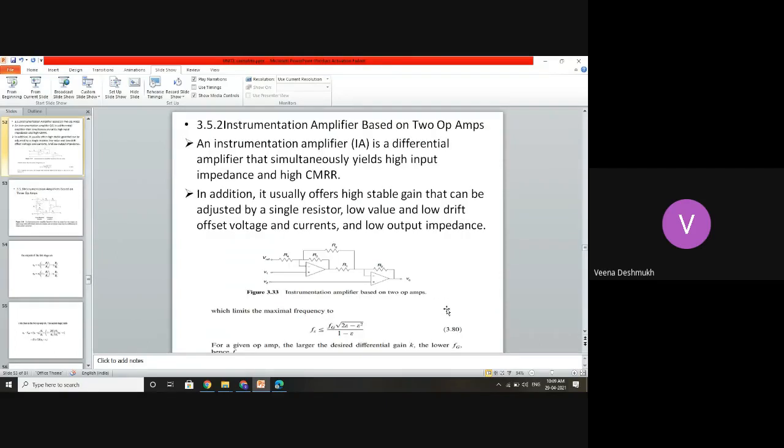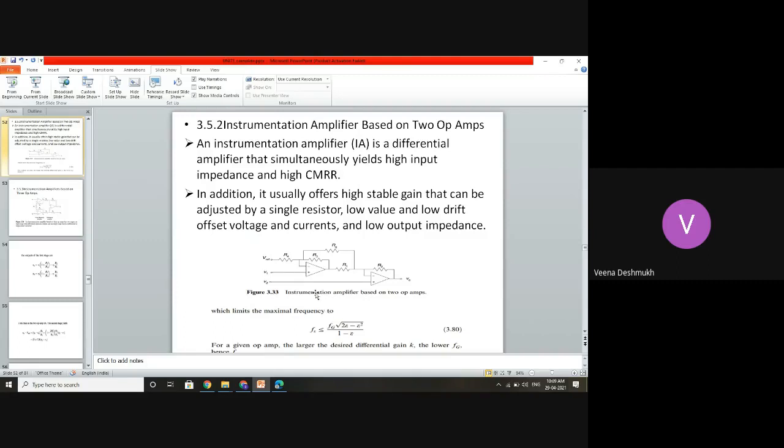A few disadvantages are associated with the gain and common mode rejection ratio of the two op-amp based instrumentation amplifier, as the common mode rejection ratio is dependent on the frequency and it improves with high frequencies.